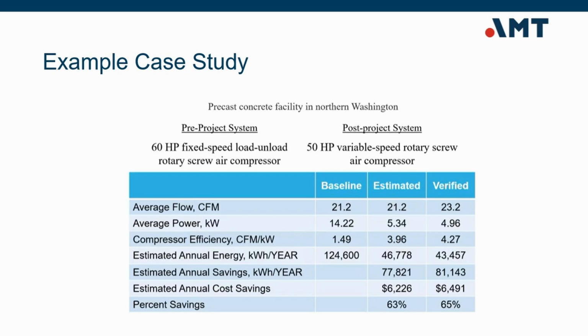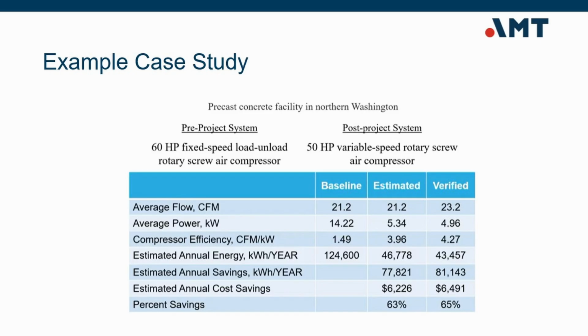Now look at compressor efficiency measured in CFM per kilowatt. Baseline efficiency was 1.49 CFM per kilowatt. After the project, verified efficiency improved to 4.27 CFM per kilowatt. That's nearly a threefold improvement in how effectively electrical energy is converted into compressed air.